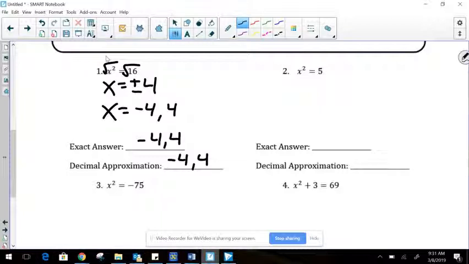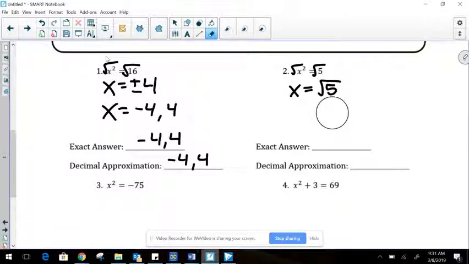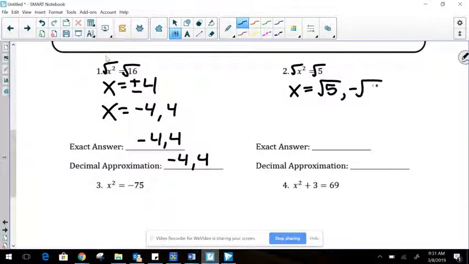All right, let's do another easy one. I'm going to undo that squared sign by taking the square root. So I'm left with x equals the square root of 5. Can I break down 5 using a factor tree? Nope, because it's a prime number. So I'm not going to do that. But now I have positive root 5 and negative root 5. So those are my exact answers.